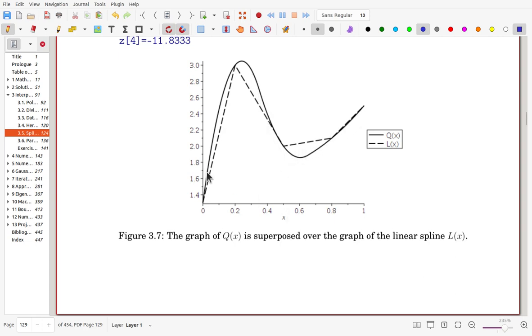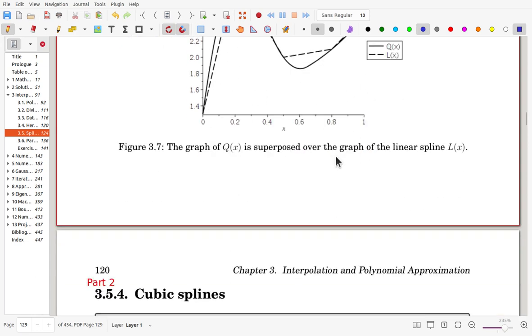It is smooth at each nodal point, and quite a reasonable interpolation. Okay, that's the end of the first part. We'll continue in the second part. Thank you.